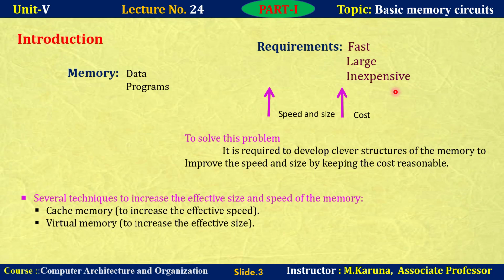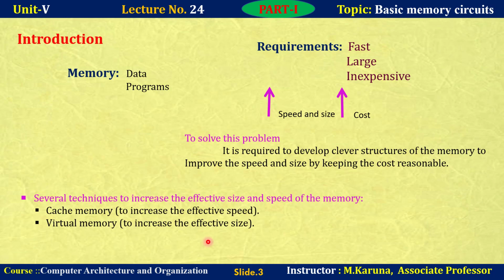But it is impossible to meet all these requirements simultaneously because increased speed and size are achieved at increased cost. So to solve this problem, it is required to develop clever structures of the memory to improve the speed as well as size while keeping the cost reasonable.